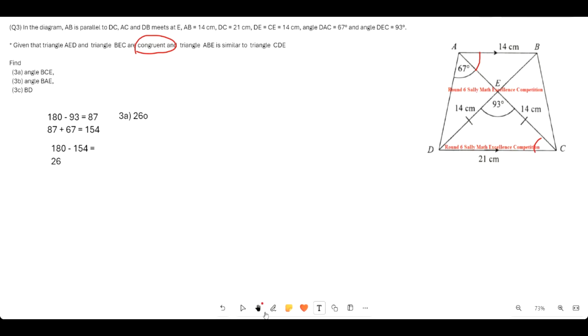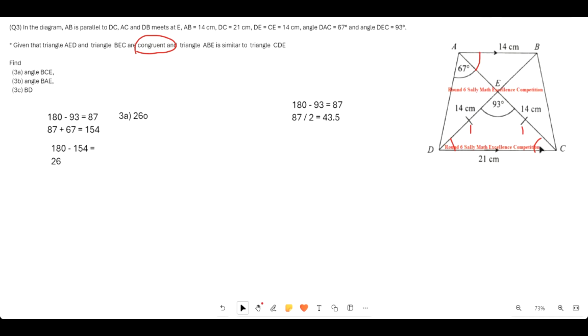With the clues given, we see that we have this line and this line, which states that this is an isosceles triangle. So these two angles, the angle here and the angle here, will be the same. So we do 180, which is the sum of a triangle, minus 93, and we get 87. 87 divided by 2 to split it in half for the isosceles angles, we get 43.5 degrees.